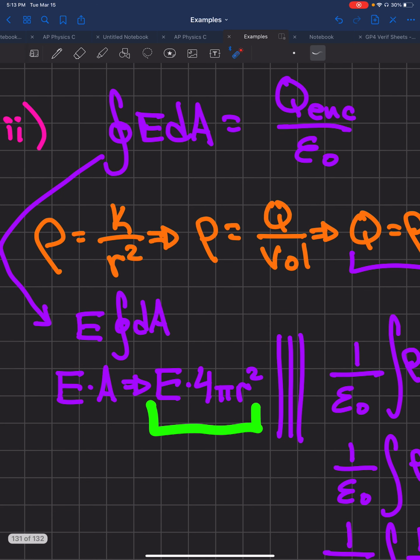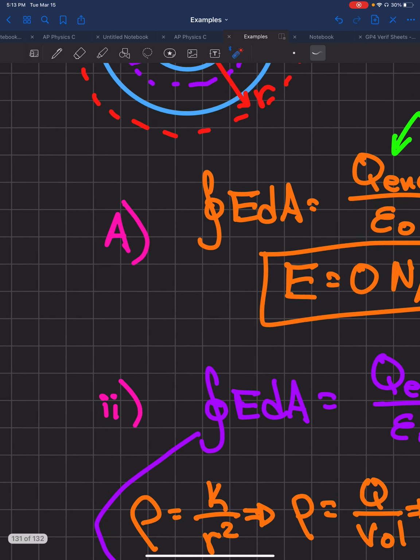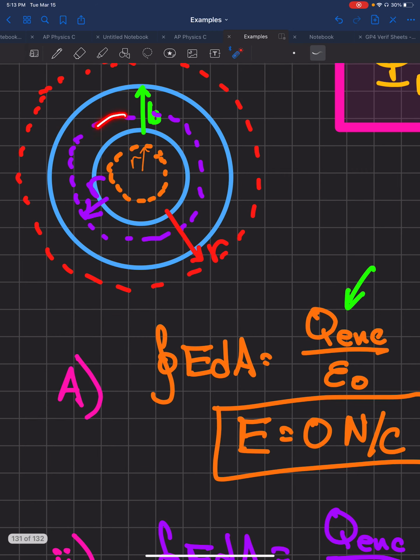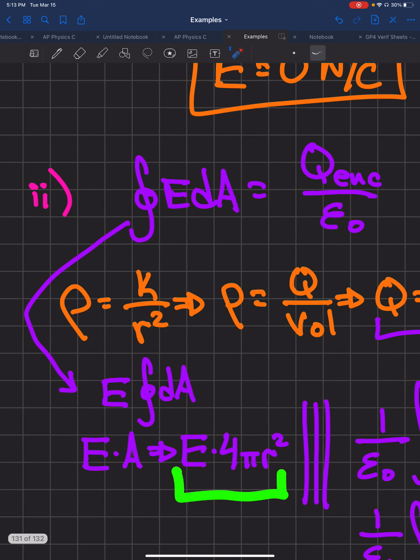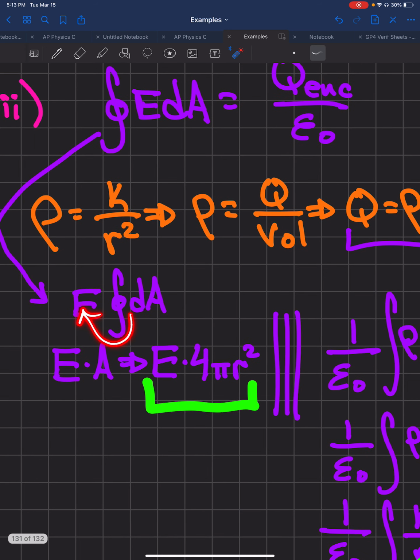The left side of Gauss's law is pretty straightforward, because the left side is this E dA side. And because of symmetry, this Gaussian sphere that I drew should have the same electric field at all points, because they are all equally far away from the center. So I can just rip that E out of the integral.